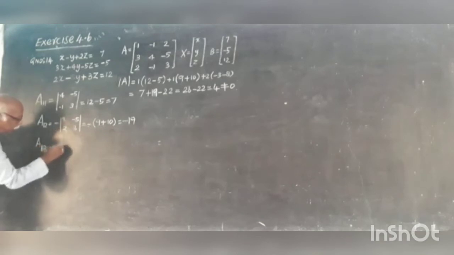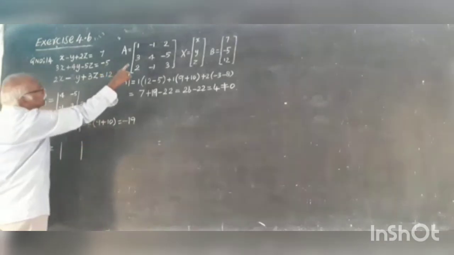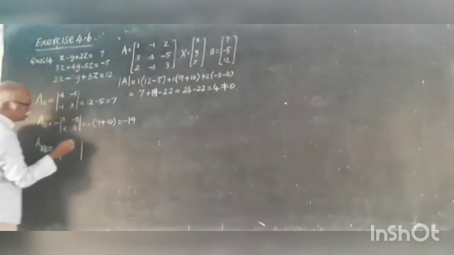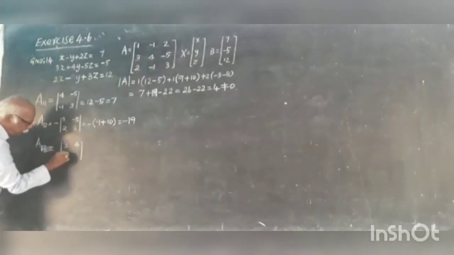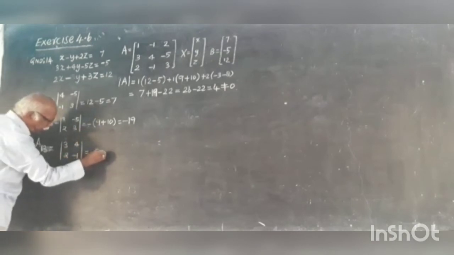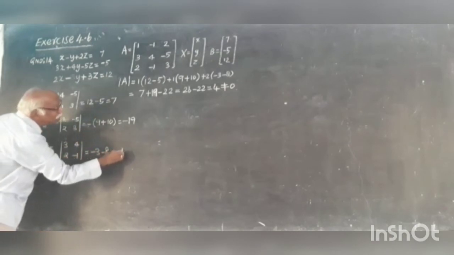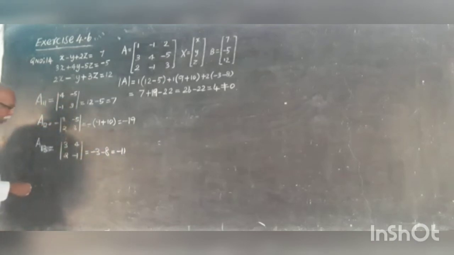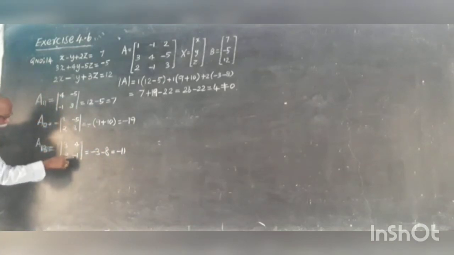A13: 3, 4, 2 minus 1 is equal to 3 into minus 3. Minus 8. Minus 11.